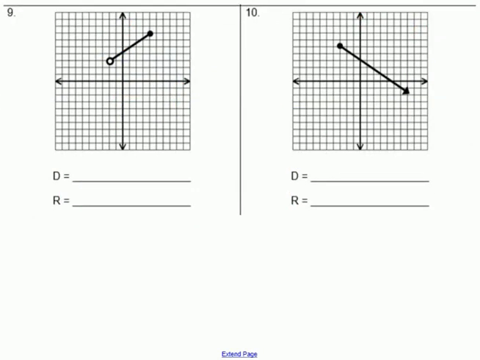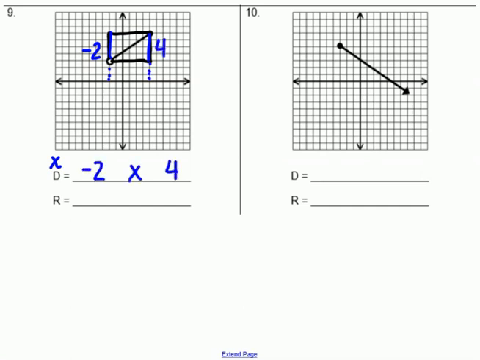Number 9 and 10, same strategy here. Number 9 has 2 endpoints, so I'm going to box it in. For domain, I find the left side and the right side. Okay, the left side of my box, if I look down to my x-axis, I'm at a -2. And the right side, I'm at a +4.